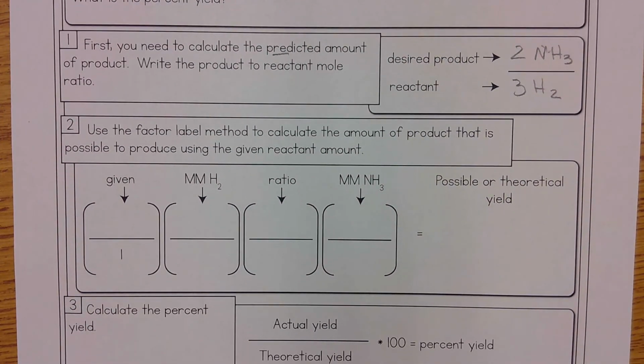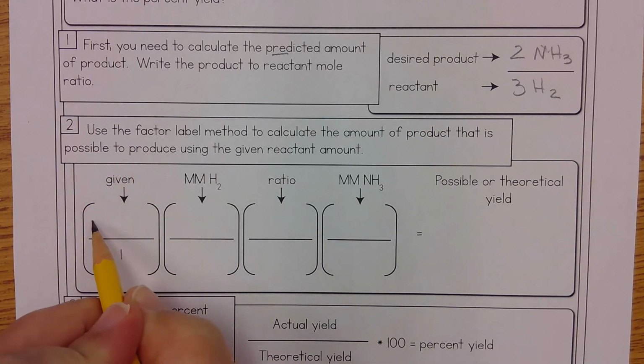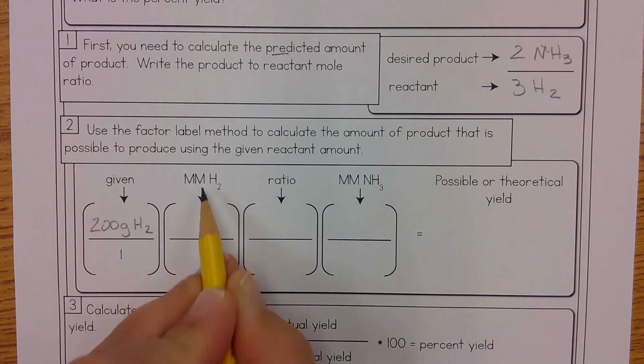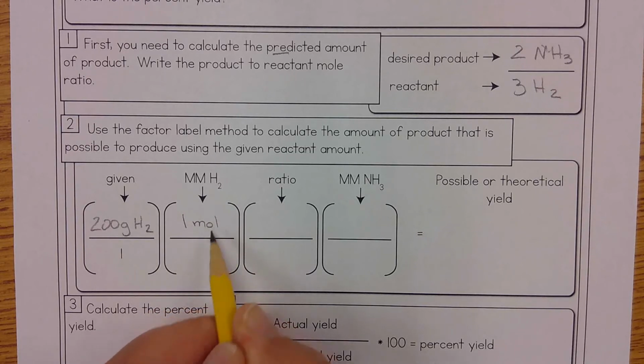Next, we're going to figure out our predicted or our theoretical amount of product. What we're given is 200 grams of hydrogen. Our molar mass of hydrogen is, remember, in 1 mole, there are 2 grams, 1 for each hydrogen.